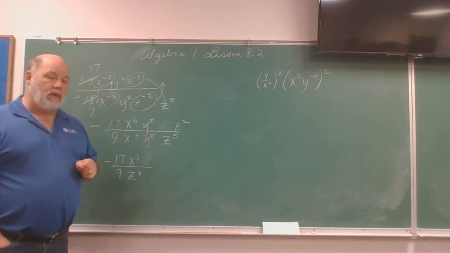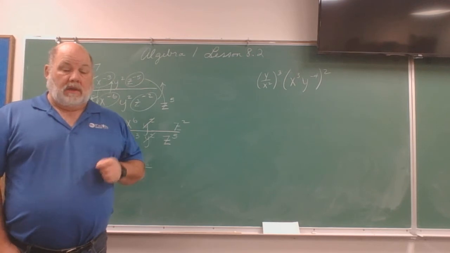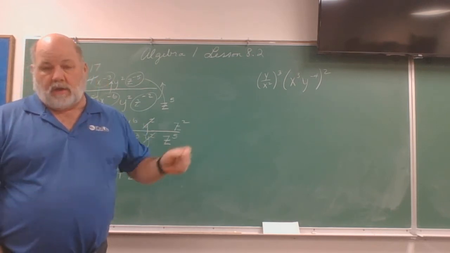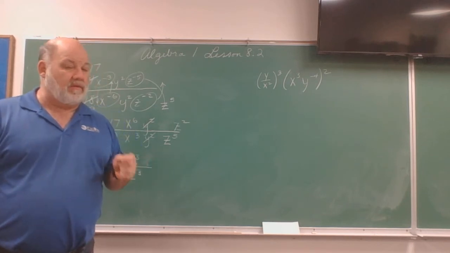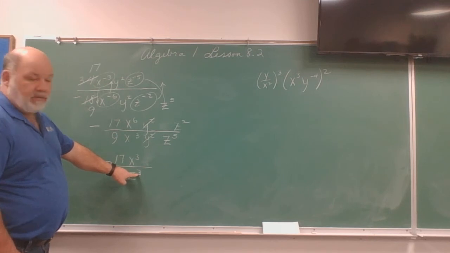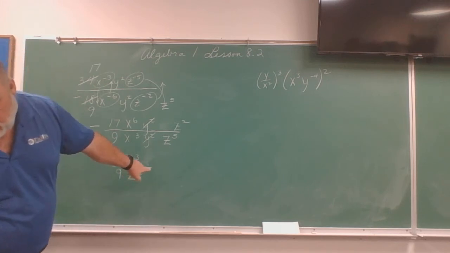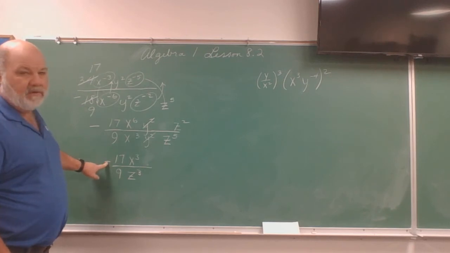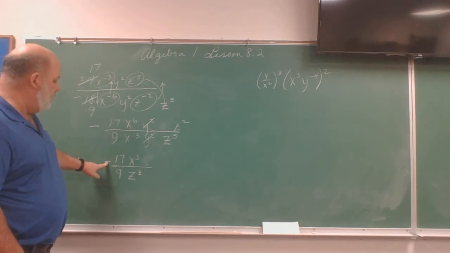Now, I want to point out something. This question said put all of them in positive exponential form. The 3 is positive here on both the x and the z. It's not referring to the negative of the whole number at all.